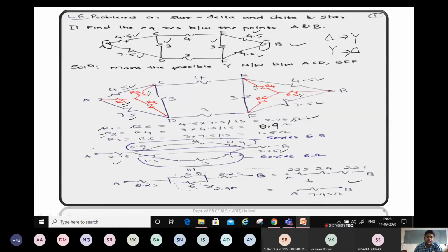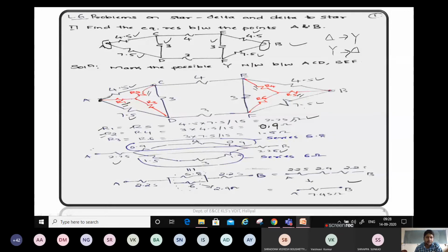Since we have the same resistor values at different branches, we can compute easily. For example, take R1, which is connected at point A. Here we have 4.5 ohms and 7.5 ohms.